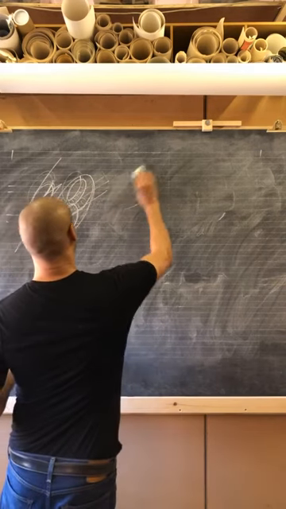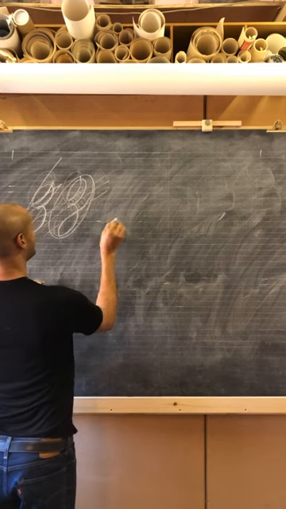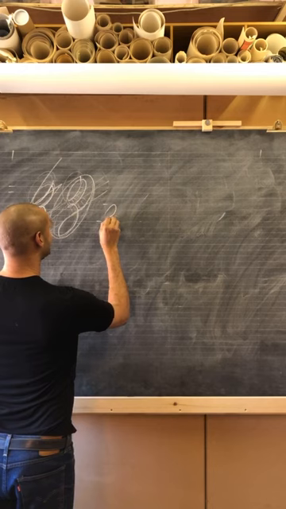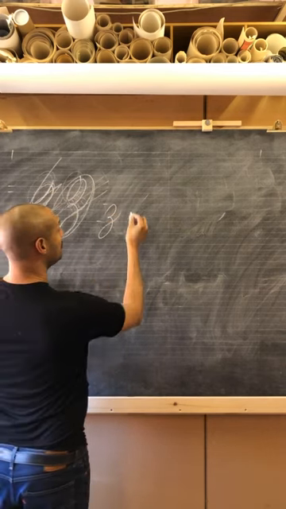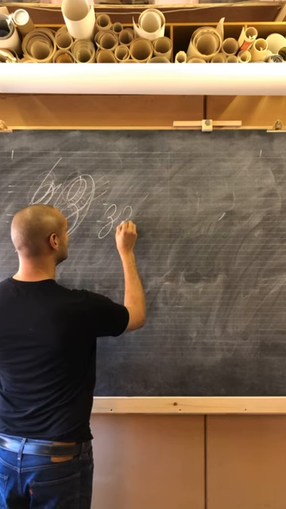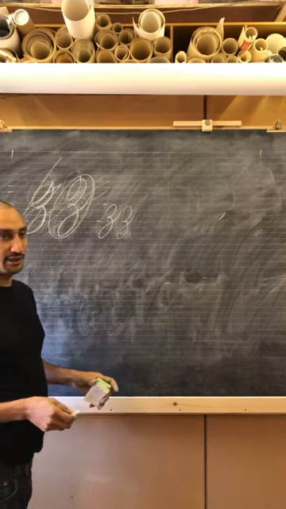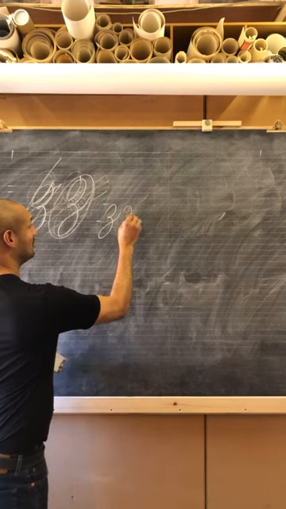Next, lowercase z, baseline, x height, up and down and back and around. So you don't want to do this because it doesn't really look that nice, and it's huge. That's huge compared to that.